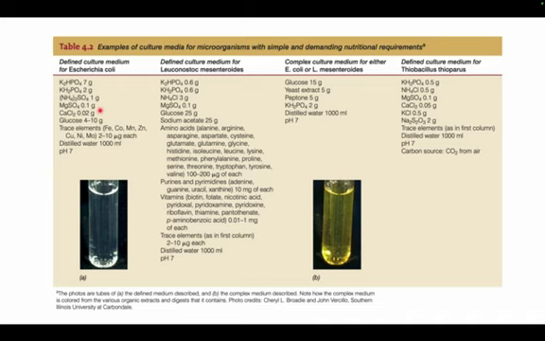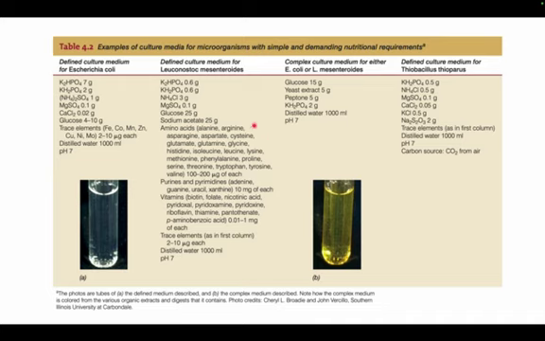If instead we wanted to grow some very fastidious organism that required very high nutritional requirements, like say Leuconostoc, this is a different bacterial species, where it has very strict nutritional requirements, you can see that suddenly the medium has become a lot more complex. In addition to all these salts, now we have to add amino acids, purines, pyrimidines, vitamins, and so on.